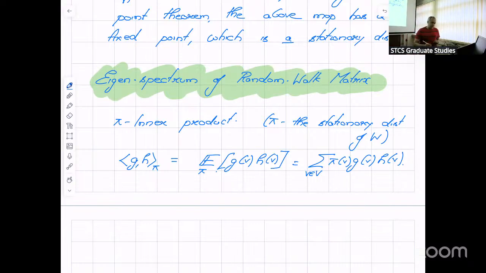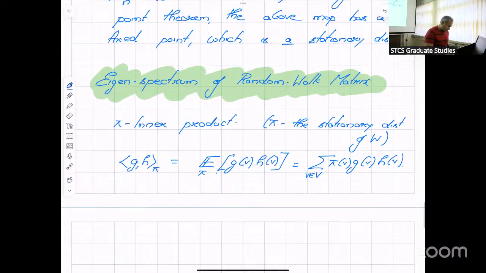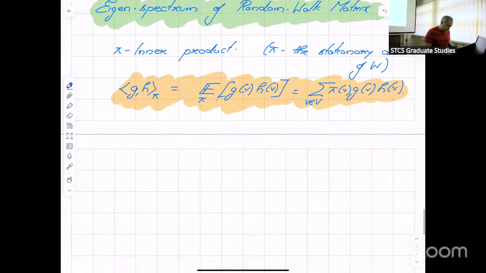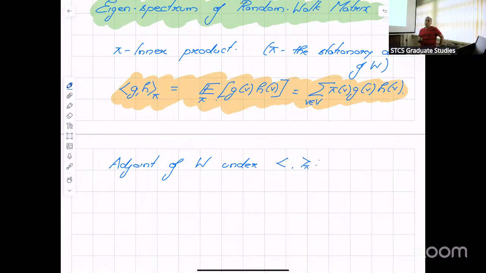Is the inner product clear? The definition of the inner product. It's a very natural definition. Let's ask, what's the adjoint of W under this inner product? What's the adjoint of W?